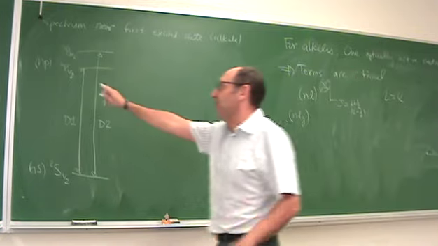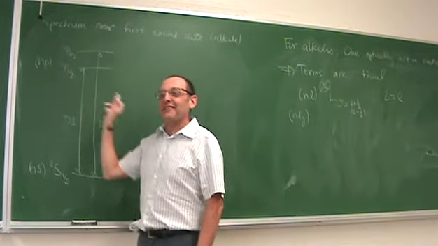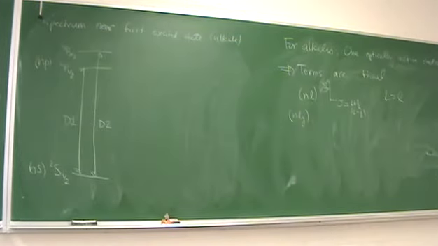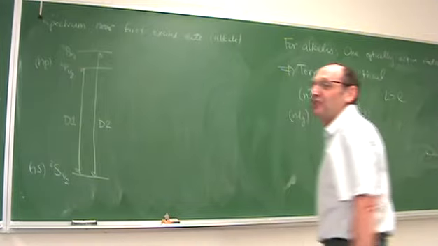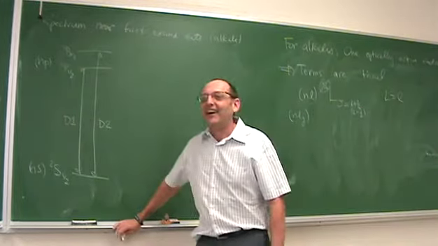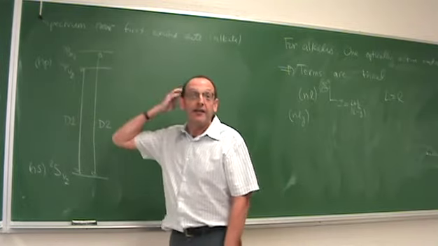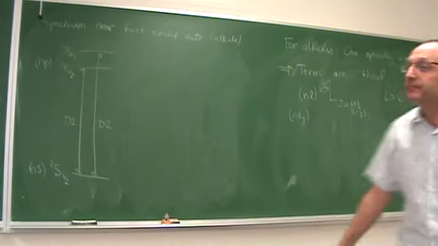Has nothing to do with this doublet. It's a different sense of the term doublet, and so D stands for doublet. It has nothing to do with L equals 2 or anything. It's just, you know, Sanskrit, and we're stuck with it. So when talking about the D1 and the D2 lines of alkali, they're important transitions.